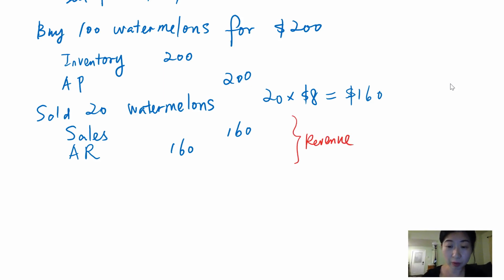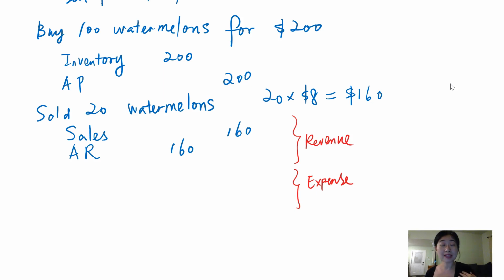All right, but we also need another journal entry to record the expense. What is the expense? Well, when you sell your watermelons, you give away your watermelon. And as I've mentioned many times in this class, if you use anything, you will have an expense. So if you think about your products, the watermelons, it's like we used a watermelon, right?